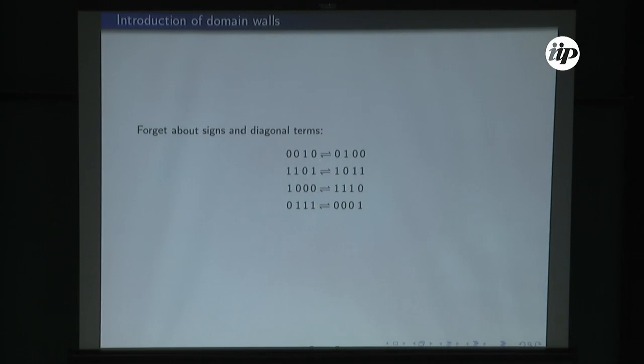If you look at these, you can introduce domain walls, which separate zeros from strings of ones. Here I have to introduce two domain walls. Here again I have to introduce two domain walls. Here I have to introduce one, and again one domain wall. Now you can see that these four processes can be described as hopping of domain walls.